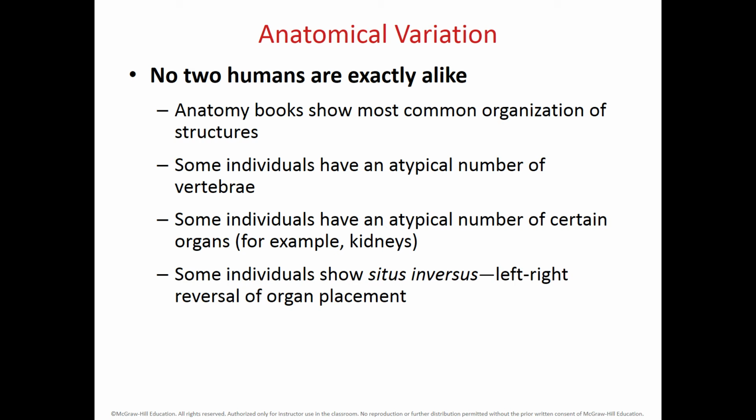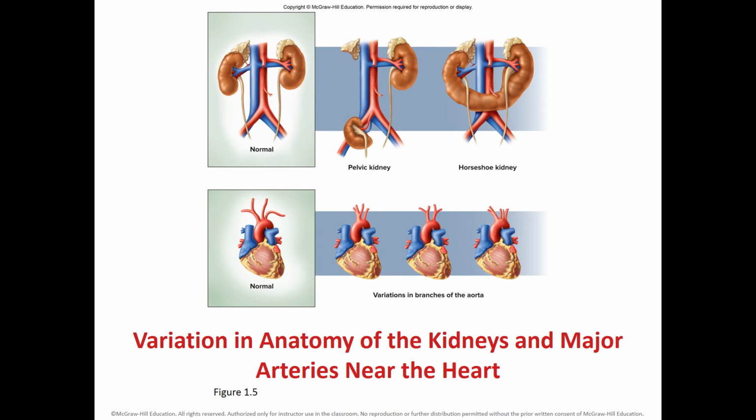Some individuals might have the organs that correspond to the left side of our body on the right, and this is known as situs inversus. This is an anatomical variation. So here you can see some anatomical variations. For instance, we have 2 kidneys and they are located within the lumbar area.